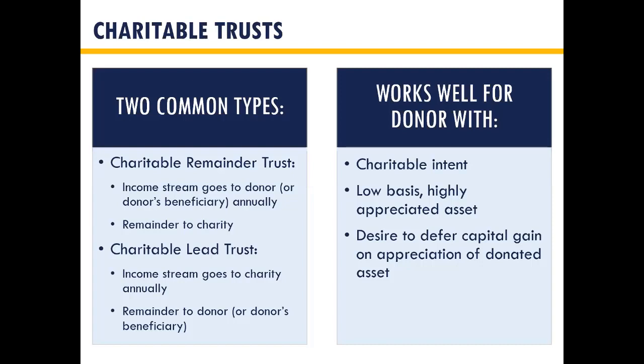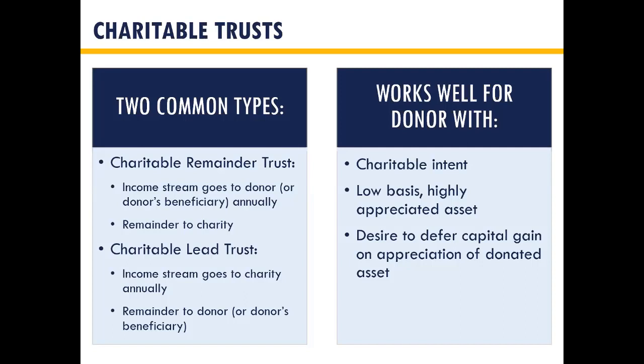With each one, obviously, you're going to want a donor that has some charitable intent. The low basis, highly appreciated assets always work well. But the biggest thing is the income piece of it. There are so many different ways that the charitable trust could be structured.